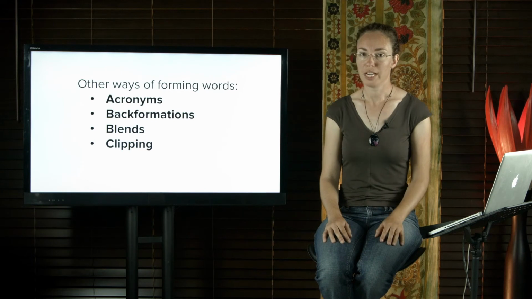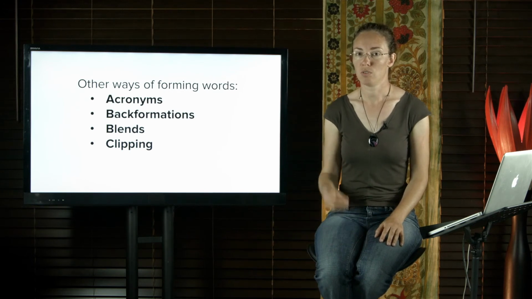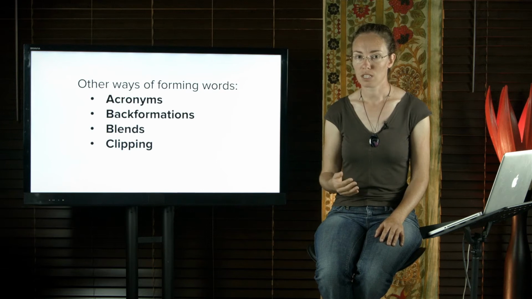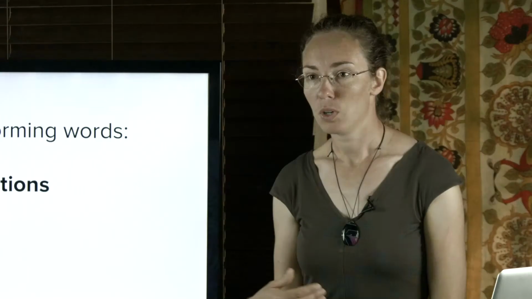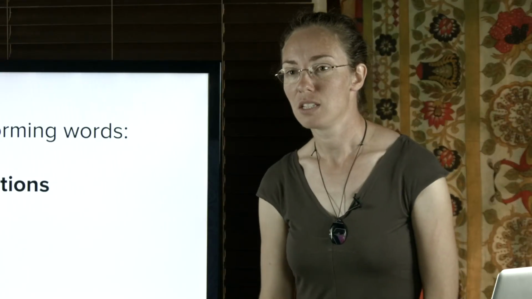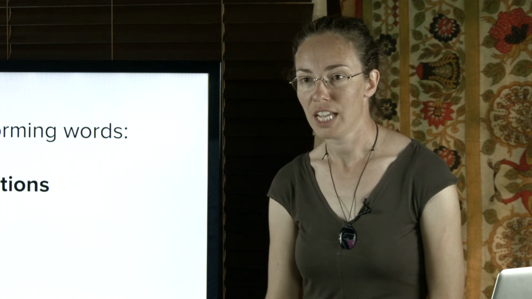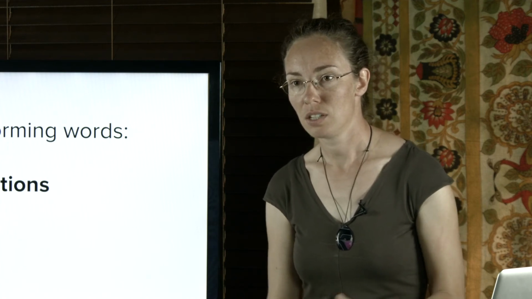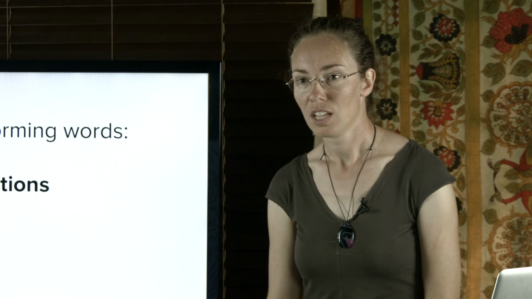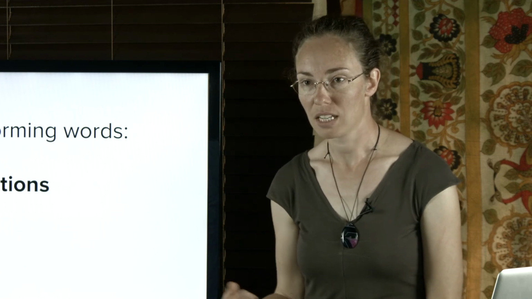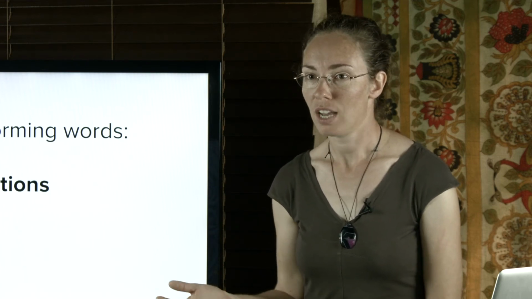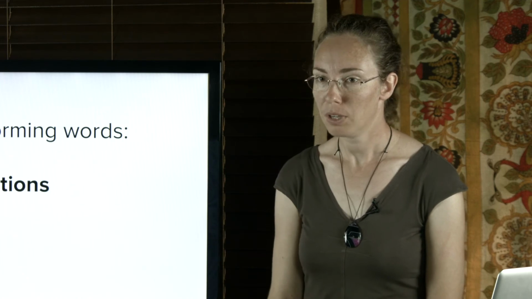A back formation removes a part of the word that resembles a morpheme in order to coin a new word. For example, in the word burglar, English speakers misanalysed the R at the end as a suffix similar to the R in writer. They wanted to create a verb meaning steal, so they removed the R and we ended up with the verb burgle.